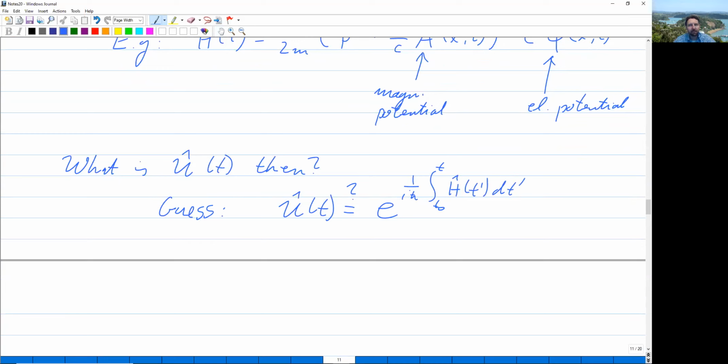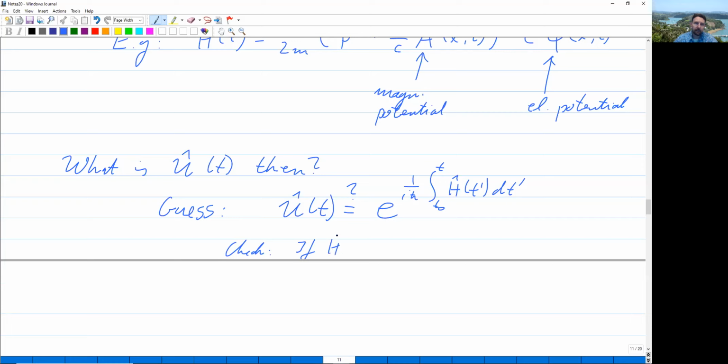Why is that a good guess? Well, it reduces to the usual case, to the previous case when the Hamiltonian is not time dependent. So check.